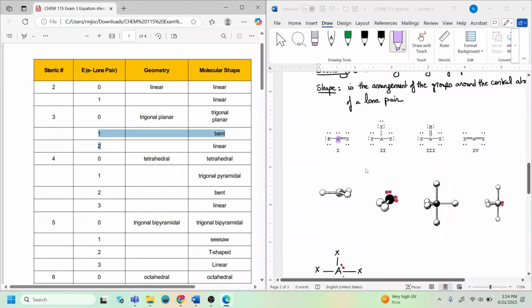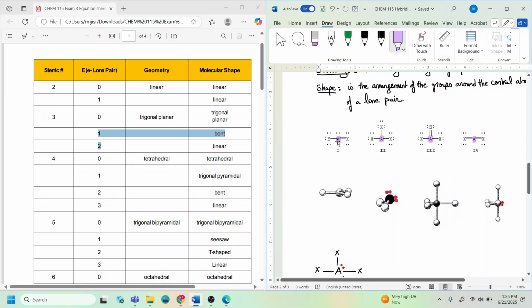So let's have an example here. Let's say I gave you these and asked, what is the geometry and the shape for each one of these? I mean for the central atom, of course. You're always going to look, like you did for the hybridization, at the central atom and determine how the groups are arranged around that central atom. Whenever you see a lone pair, then you know that the geometry and the shape are going to be different.